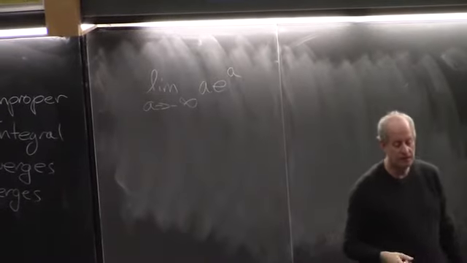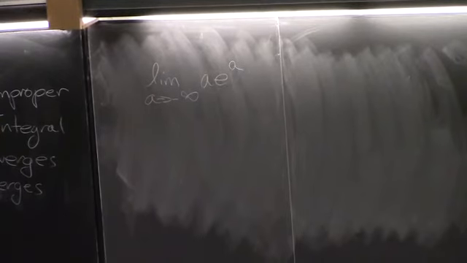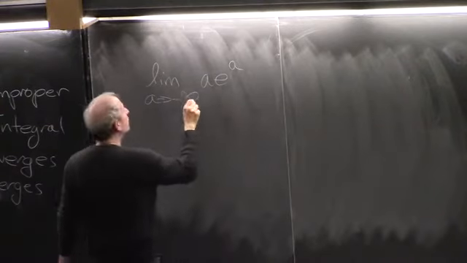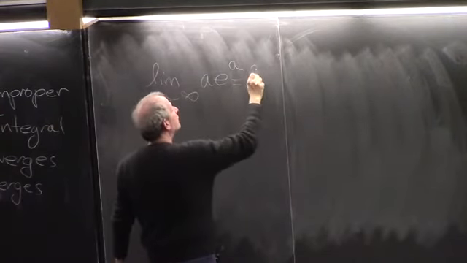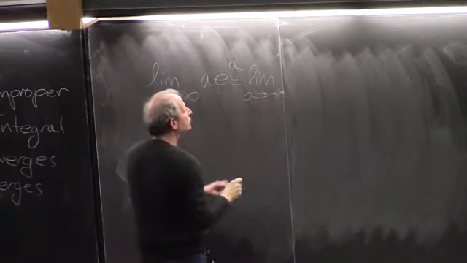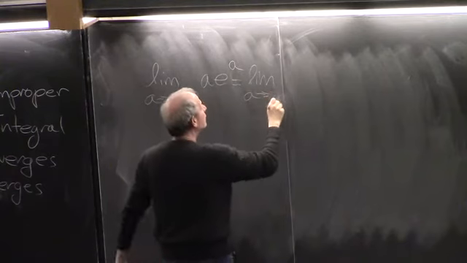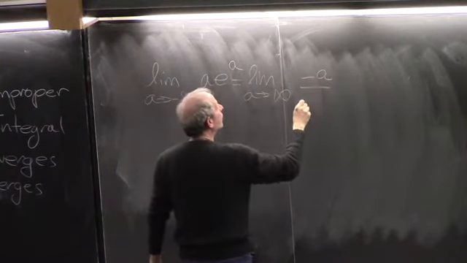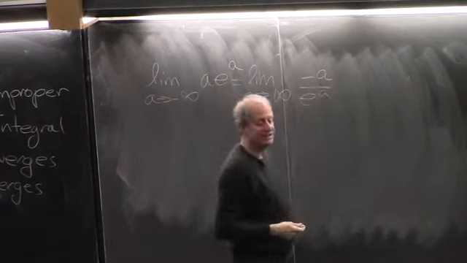Got any ideas? Well, what you can do, it's going to come out 0, is you can make this the limit as a goes to minus infinity, or just a plain old infinity, of minus a over e to the a.